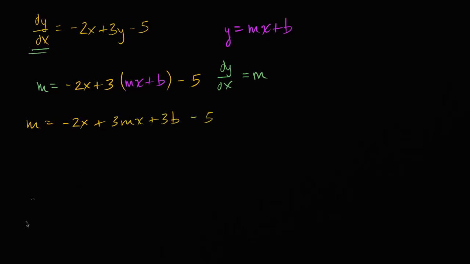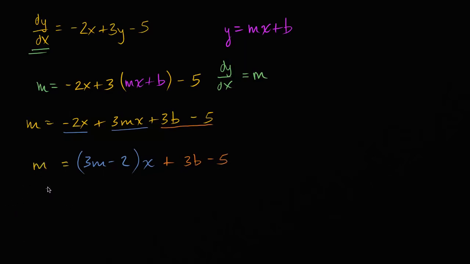If we take these two and add them together, that's going to be negative 2 plus 3m times x, or we could write this as 3m minus 2 times x. And then you have your constant terms, so plus 3b minus 5. And of course, that's all going to be equal to m.